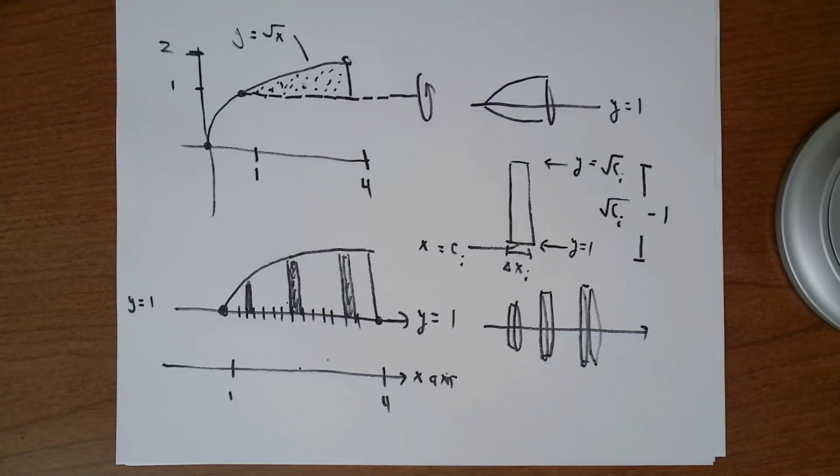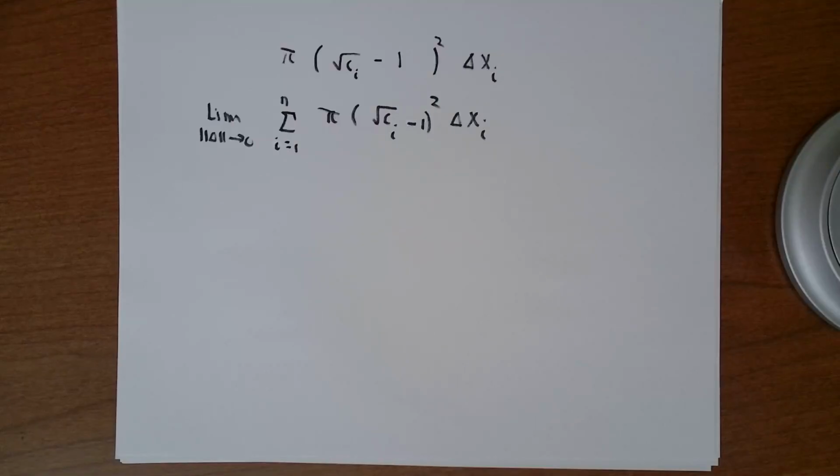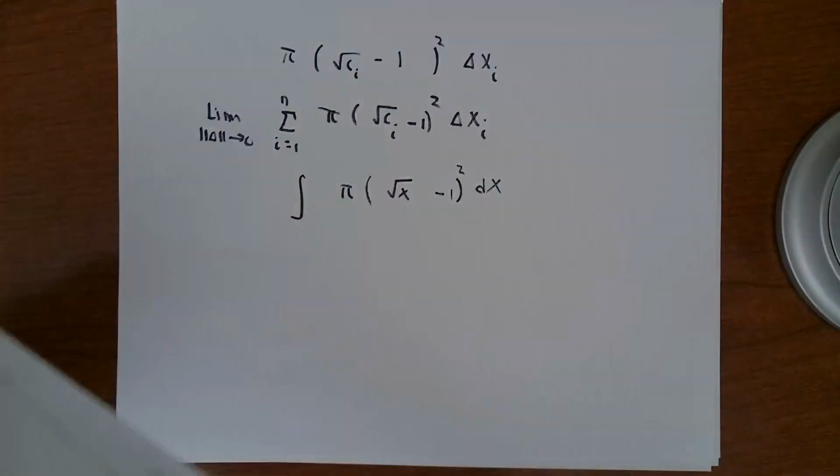By now, everyone knows we're going to take the limit of the sum of all of those little contributions, which integrates all of the tiny little rectangles together and gives me the actual volume of the shape that I'm after, with the smallest and biggest x values being 1 and 4.